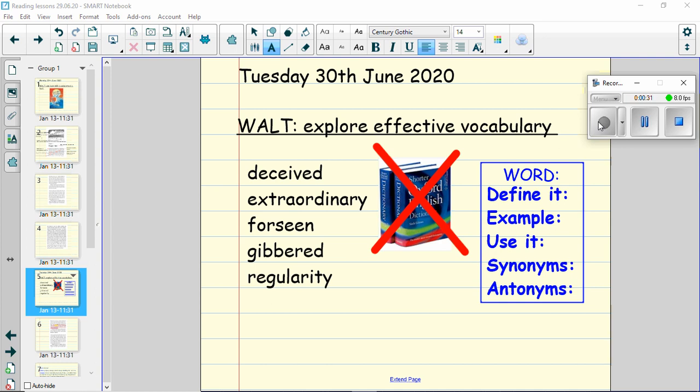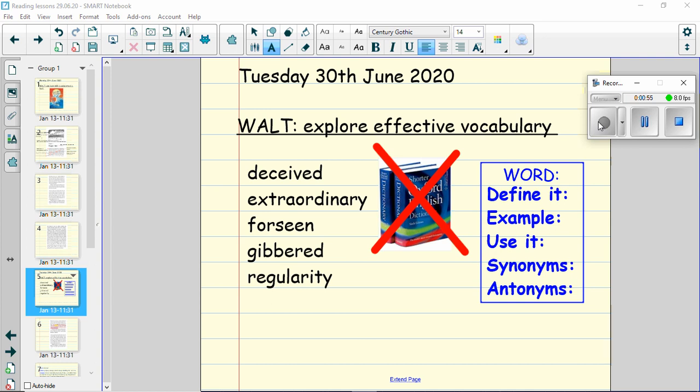So obviously today is Tuesday and it is looking at our vocab. So the words that I have selected from the extract this week are deceived, extraordinary, foreseen, gibbered and regularity. Now, as always, we would like you to write the word down and define it, which means think about what it means.